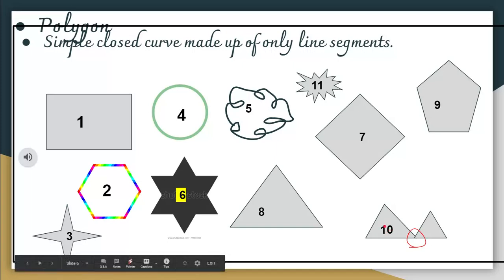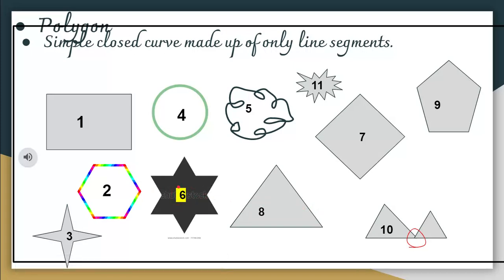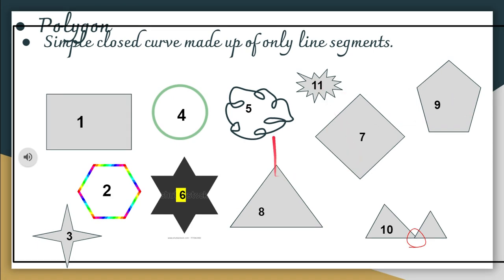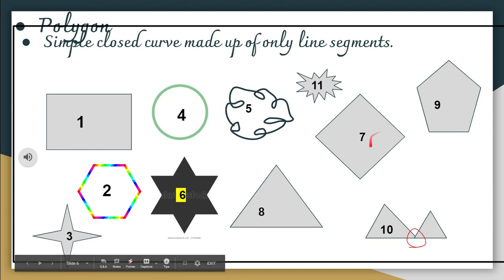Similarly, look at image number 6. Total 12 line segments form this, and this is a closed curve and a simple curve, so it is also a polygon, right? The rest of the images given here, I leave it up to you to decide which one is a polygon and which one is not.